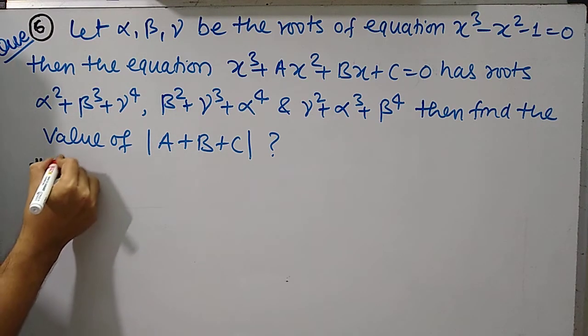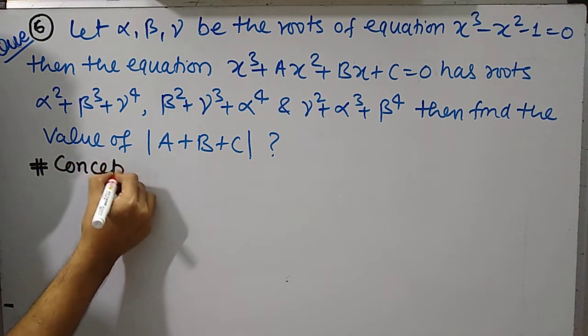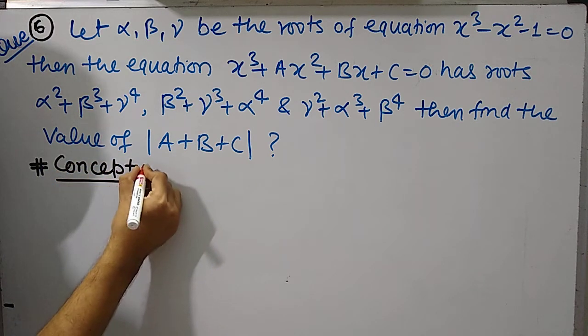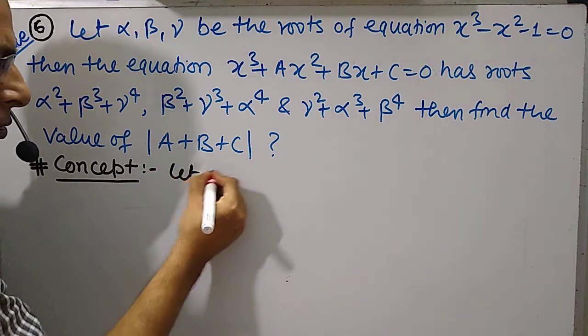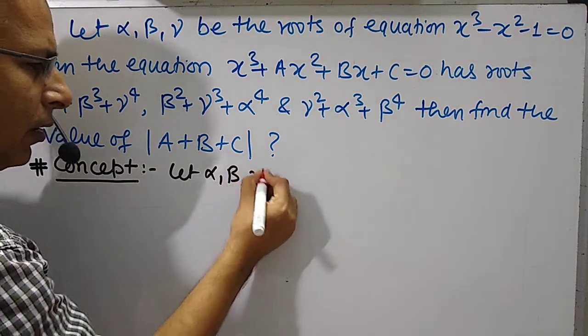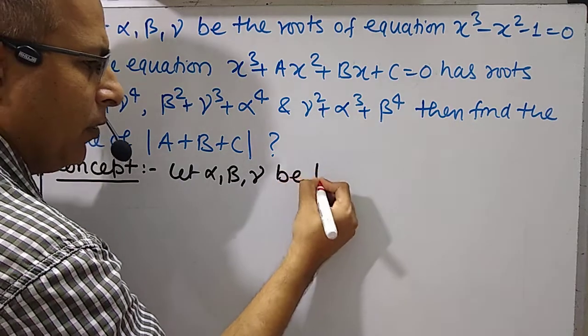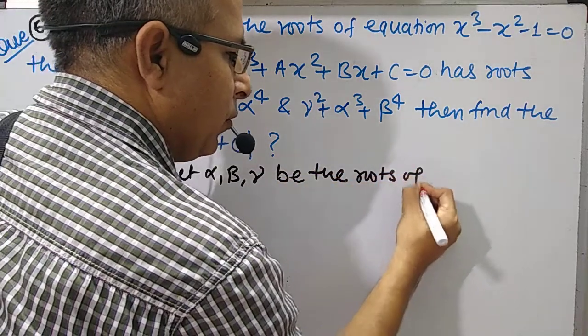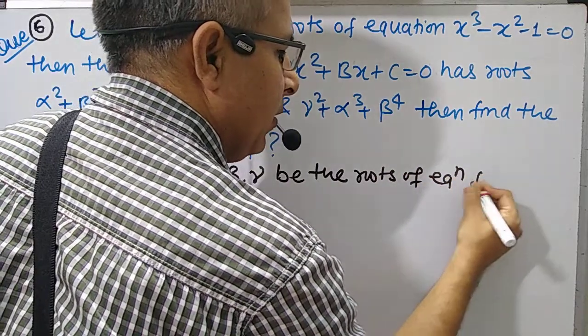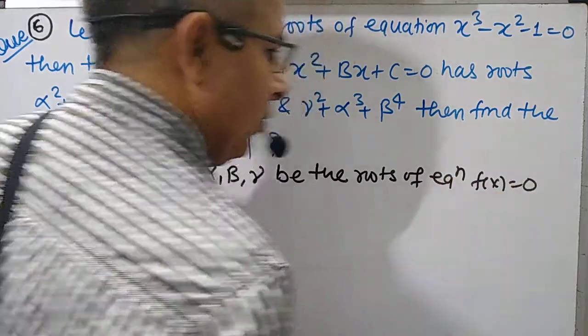So now we are using a concept, and the concept is: let alpha, beta, gamma be the roots of equation f(x) equal to 0.